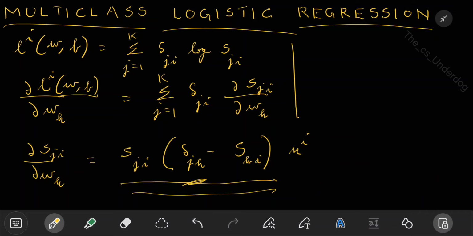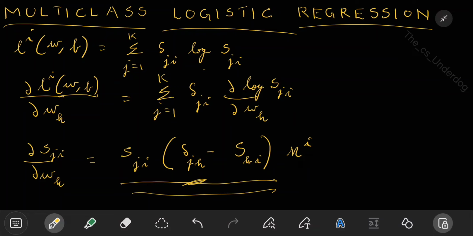Okay. So the next thing is, we need to find the derivative in case of log. There is one mistake here. I have Sji, so this has to be in log. So this should be del by del wk of this term, log Sji into xi.